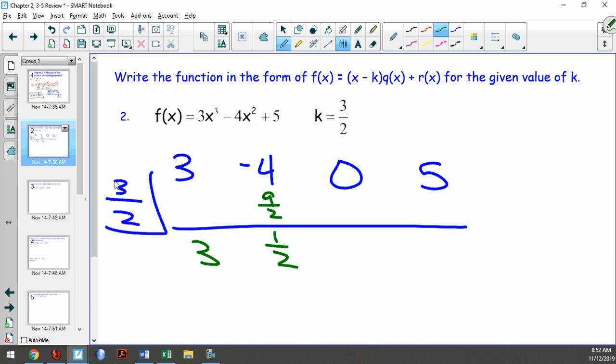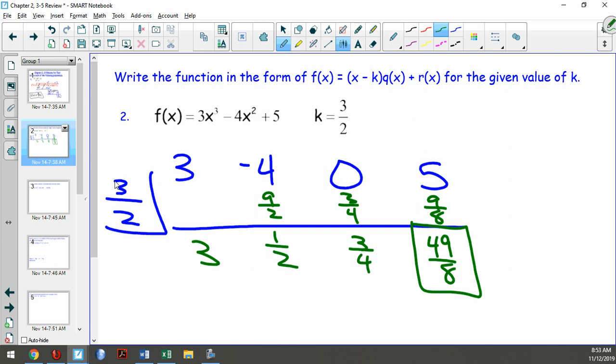Do you all understand that? Then take that answer and multiply it by 3 divided by 2. What does that give you? 3 over 4 plus 0 gives you 3 over 4. Multiplying this by 3 divided by 2 is going to give you 9 over 8. Plus 5 is going to give you 49 over 8.